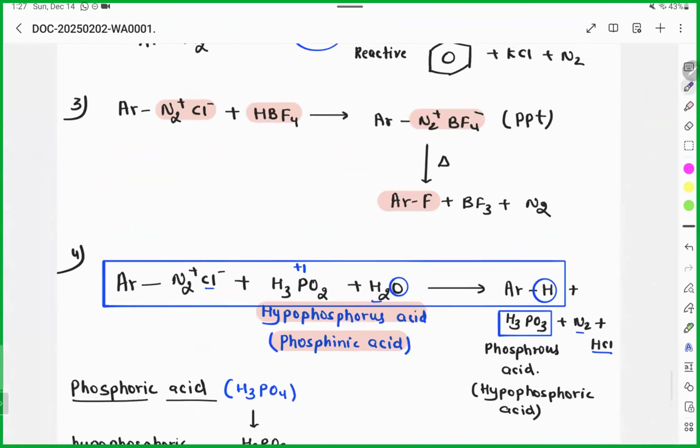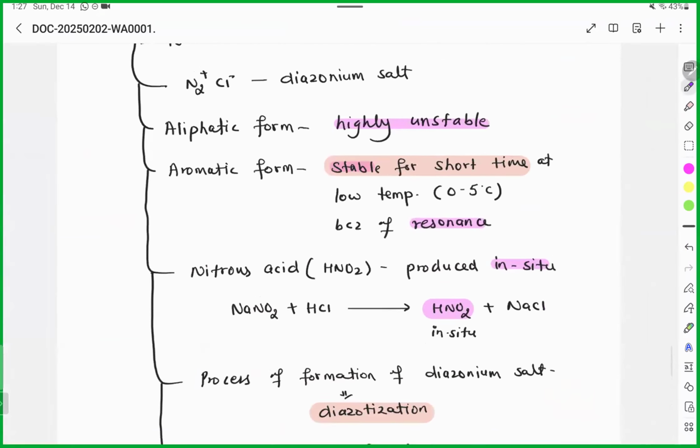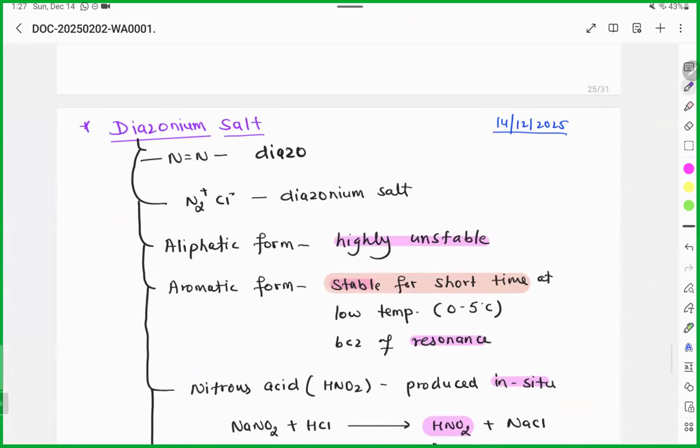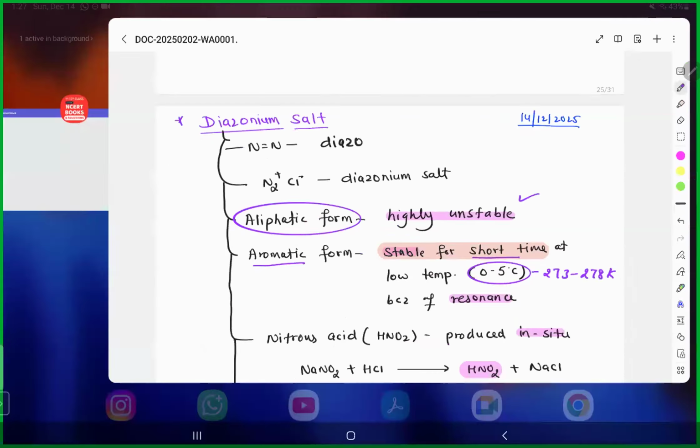See, you can see here: aliphatic form is highly unstable, aromatic form is stable for a short interval only at this temperature, 0 to 5 or 273 to 278 Kelvin. Correct? And remember, I wrote only NCERT notes, nothing else. This is pure NCERT.